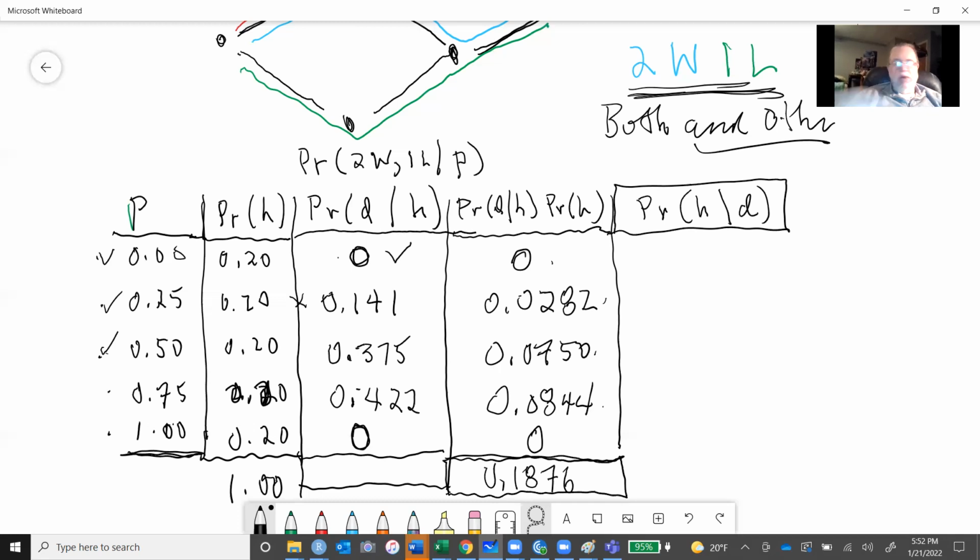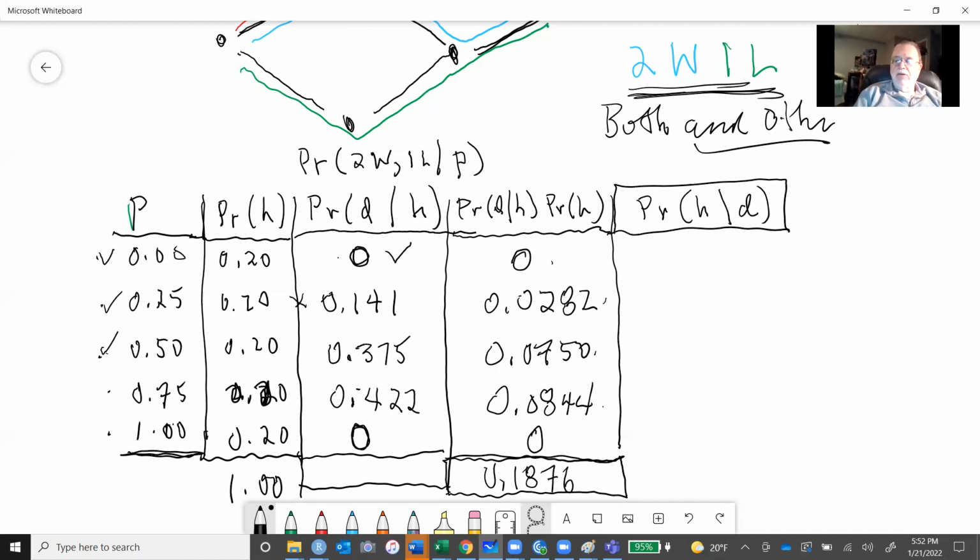So we're going to take the 0.0282 and divide it by 0.1876. And we get what?